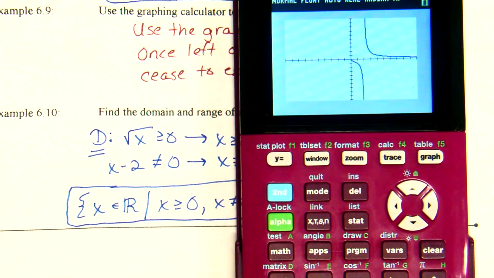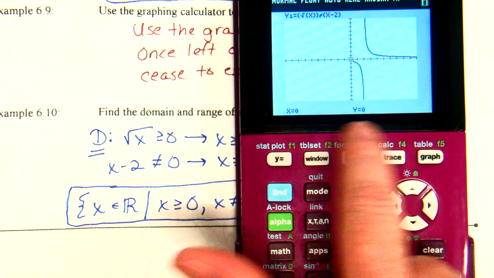What do you notice as you look at that graph? It looks like it's going all the way down, yes? Looks like it's going all the way up. Where's the one debate? At 0, yes. You can try trace. Notice 0, 0 appears here, so it looks like it exists at 0.